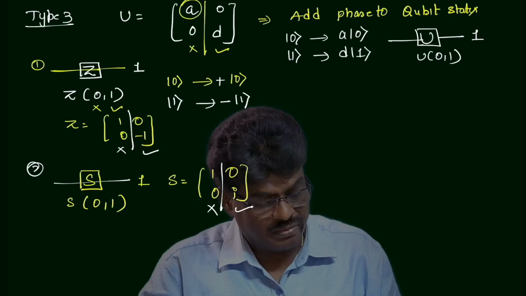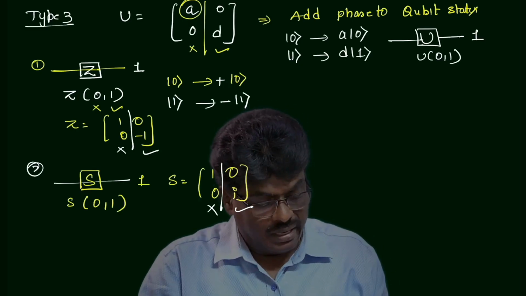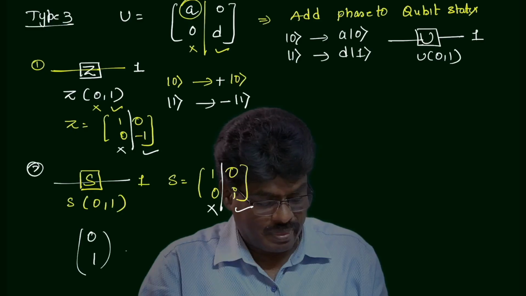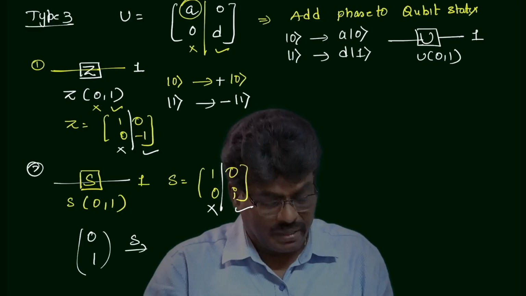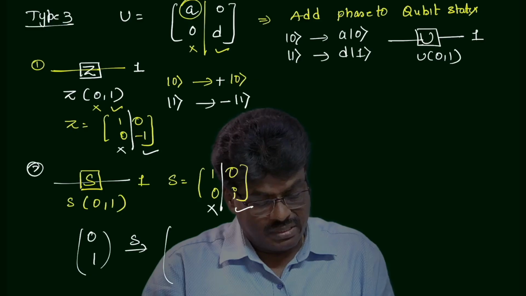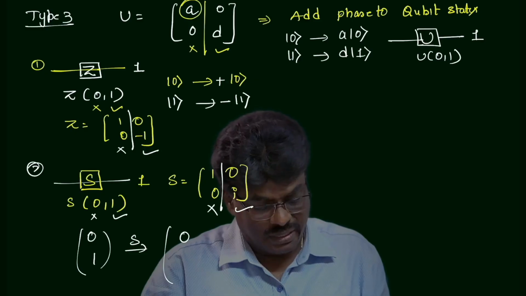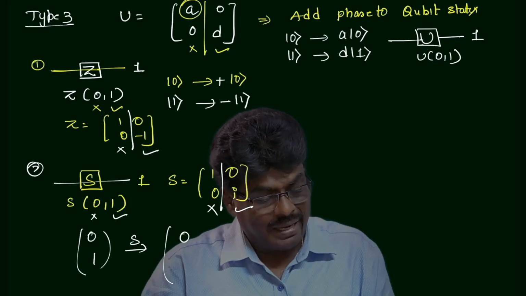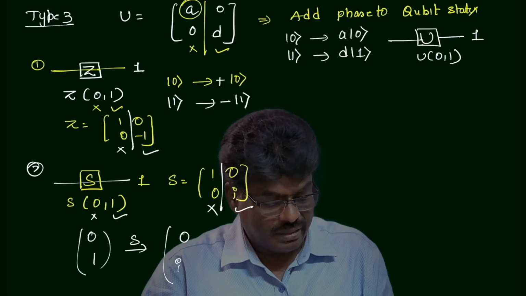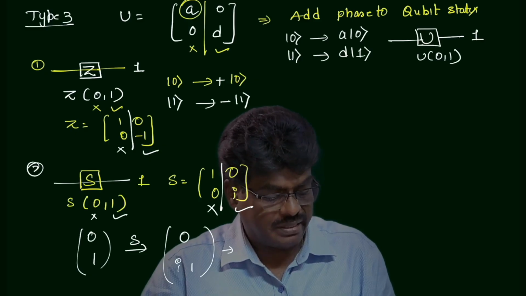This is off, this is on. Now here I have 0 1, and this S gate operates on 0 and 1. Since 0 is off, there is no change, that is a 0 only. If it is a 1, it adds a phase of i, that is i 1. So I can write this as 0 and this is i 1.